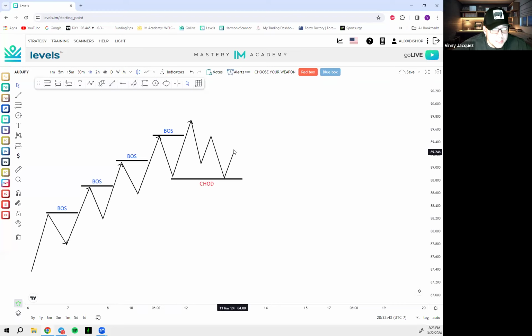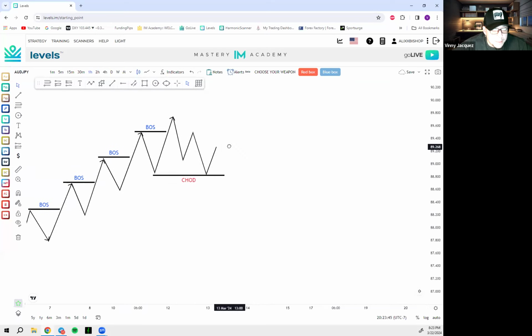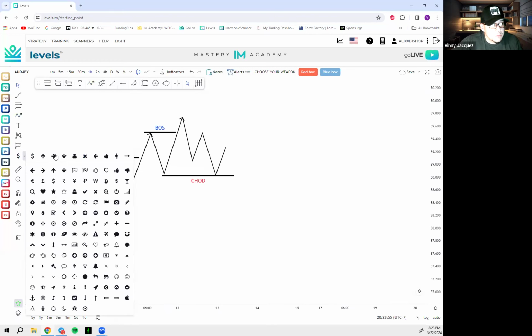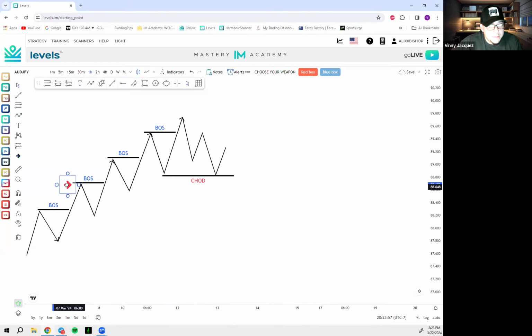Now, when I mean sell side liquidity, people are selling at this point right here. Market goes up, people are selling right here. Right? There's sell side liquidity. So as market drops down and pulls back, we tend to take out the sell side.